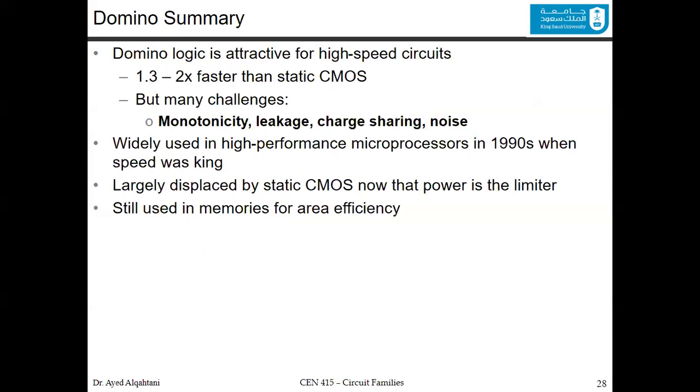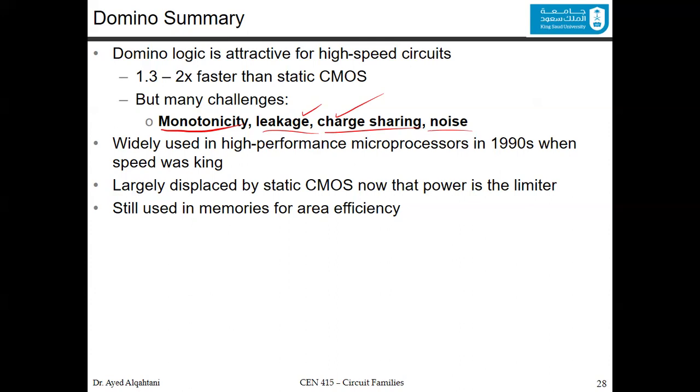So that was the domino. Basically, we talked about the monotonicity, the leakage, the charge sharing, the noise, and so on. And know that the leakage and the charge sharing part was a big trouble at the time. And when they found the problem and solved it, they found out that the solution is really easy.